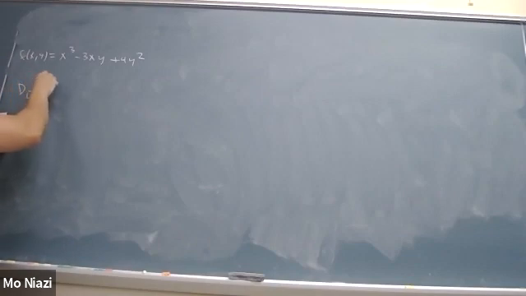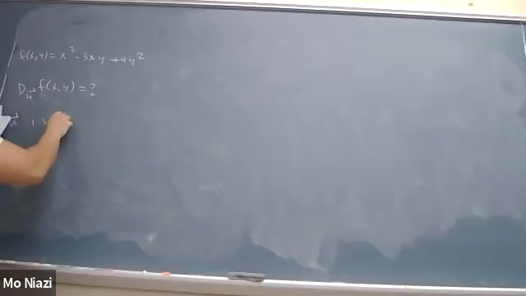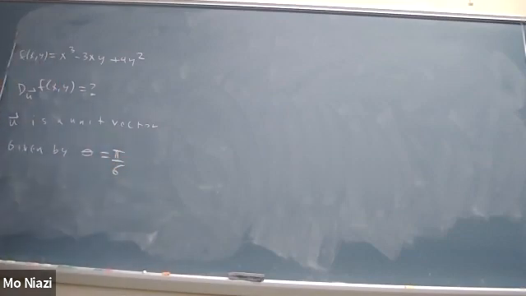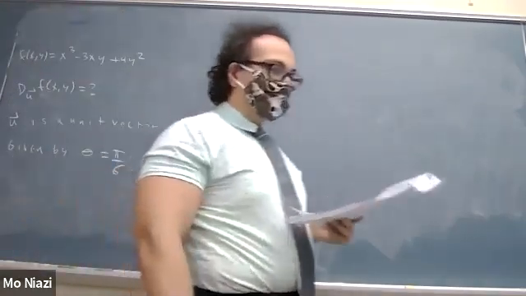So what if f(x, y) is equal to this? Let's find the directional derivative of this, where u is a unit vector given by an angle theta equal to pi over 6, and that it lies on the unit circle.